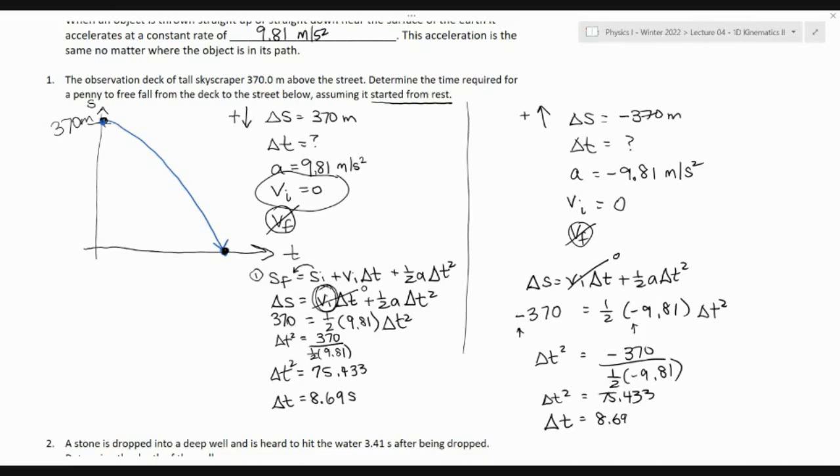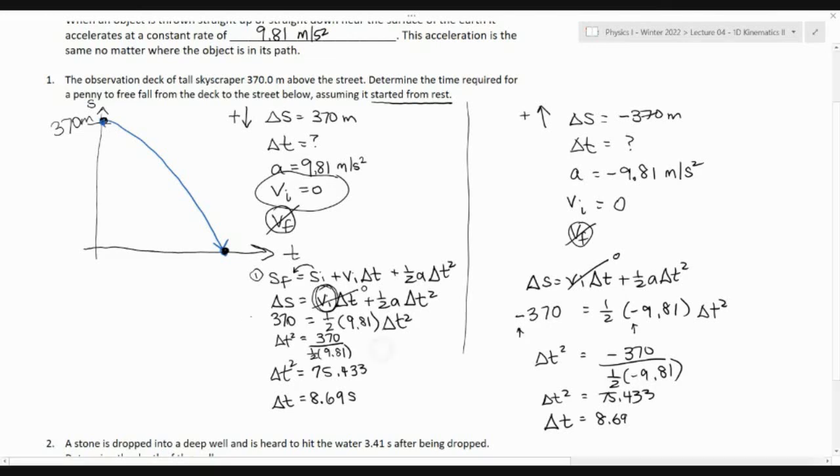Okay, Matthew, do you have a question? I was just wondering, how did you switch the 370 with delta t squared on the left side at the fourth last line?